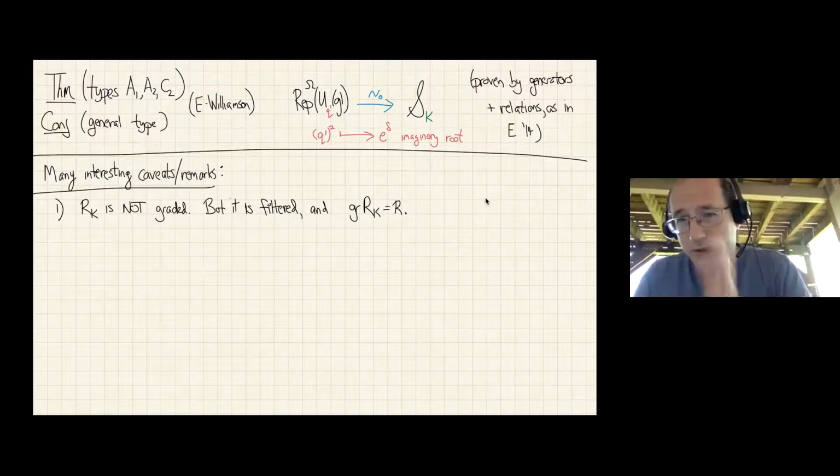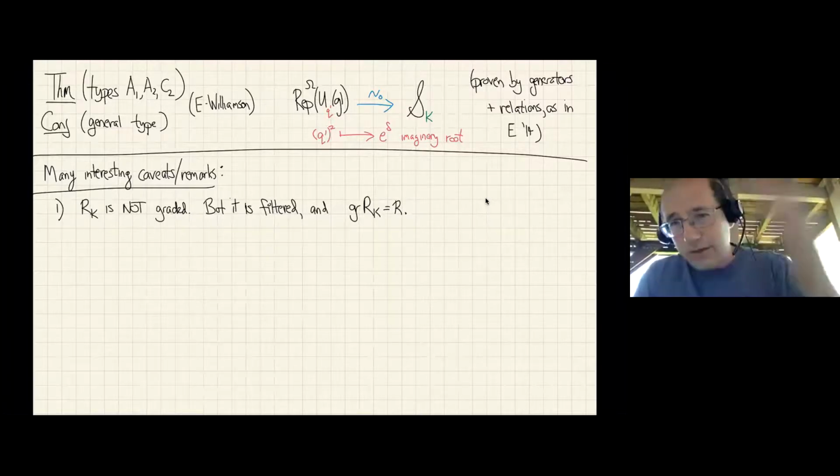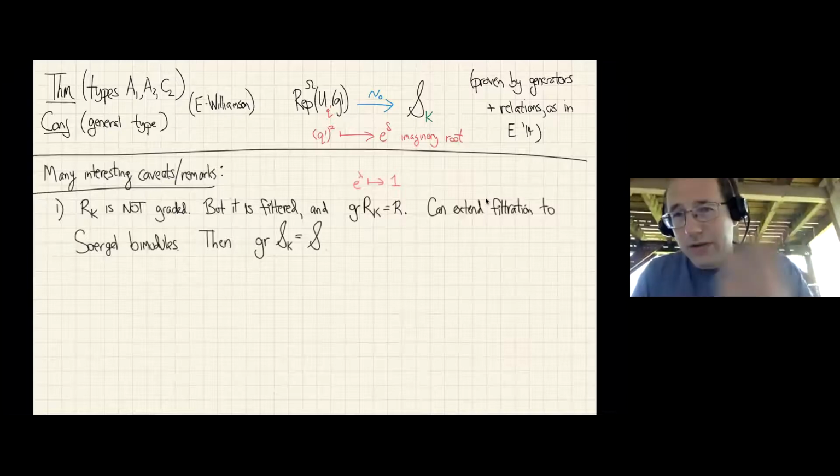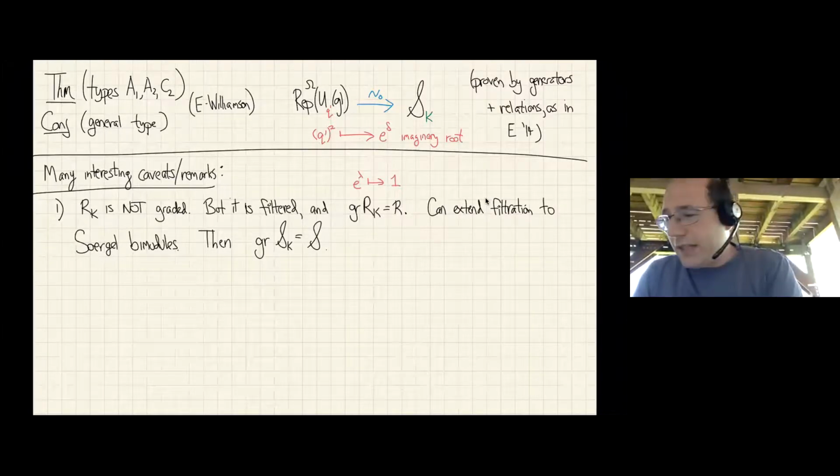So this is the general thing about K-theory. It comes equipped with a filtration, and the associated graded is homology. You can actually filter the category of Soergel bimodules. So you can sort of define filtrations on the bimodules themselves, and that gives you a notion of filtrations on the maps. And the associated graded of this category is that category, and q goes to 1. In fact, e to the lambda goes to 1 for all lambda.